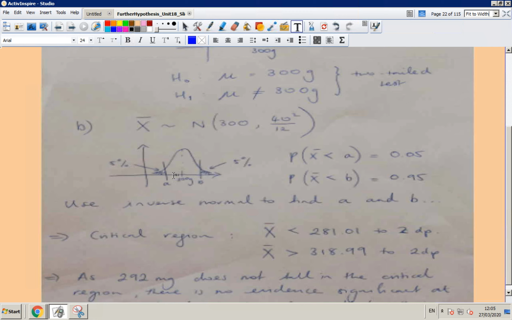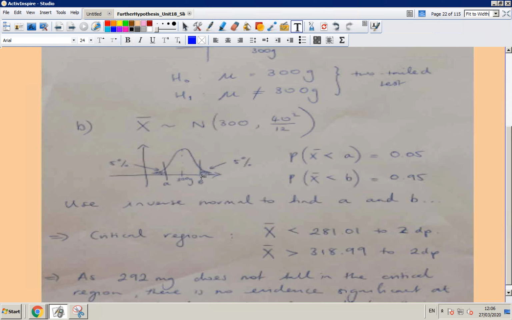And what we're interested in is this critical region. So we're interested in this region where we can say that if we have a sample mean of A, then that value or anything below it is less than 5% likely to happen. Okay, 5% or less likely to happen.